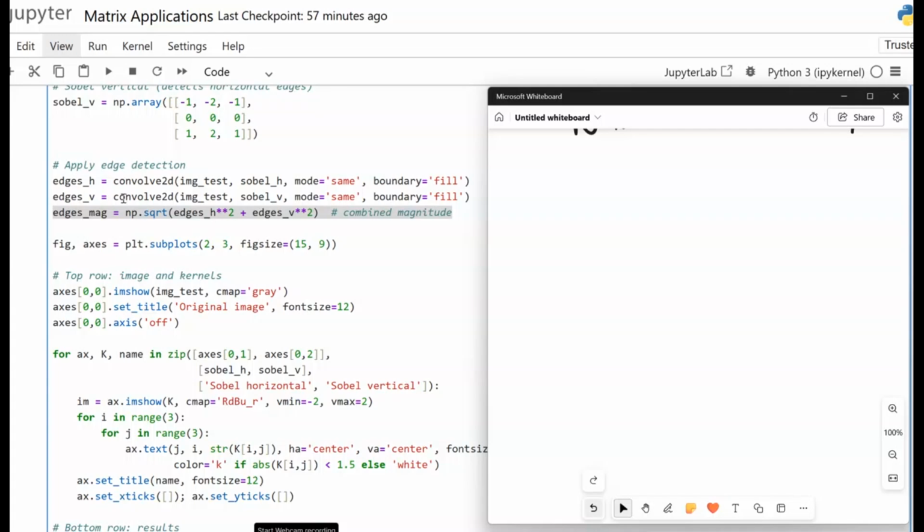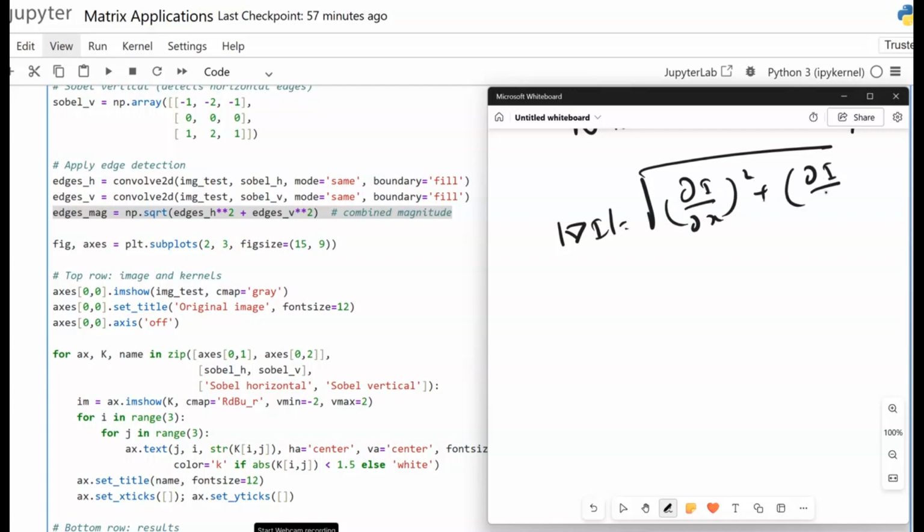Let me specify it mathematically: it is the square root of the horizontal edges squared plus the vertical edges squared, that is, the square root of (dI/dx)^2 plus (dI/dy)^2. So this is the mathematical interpretation.